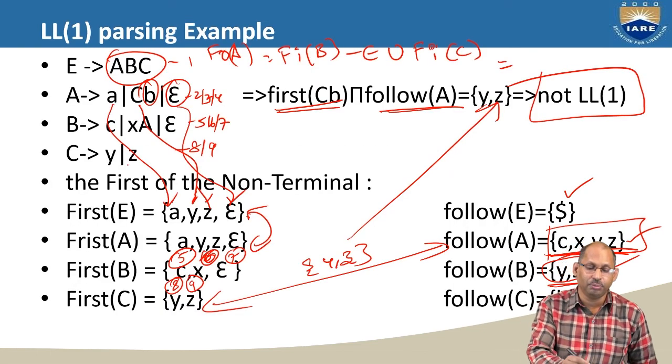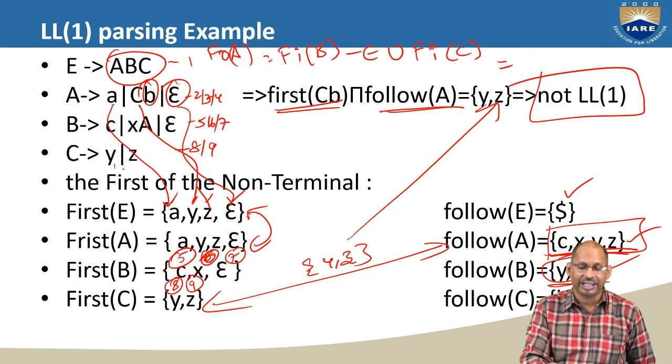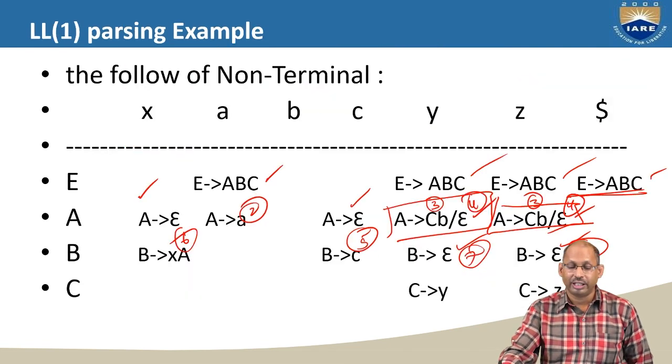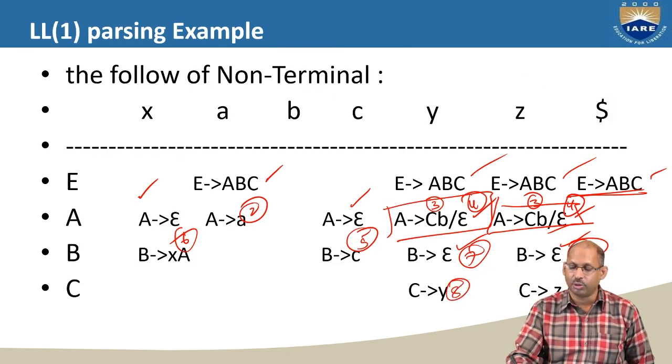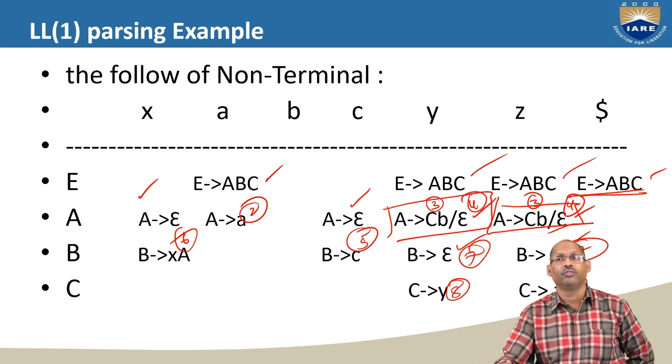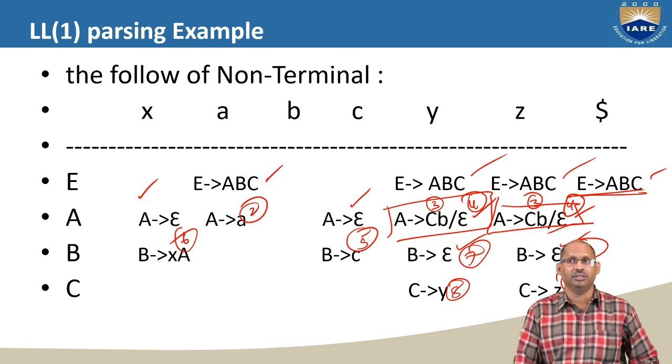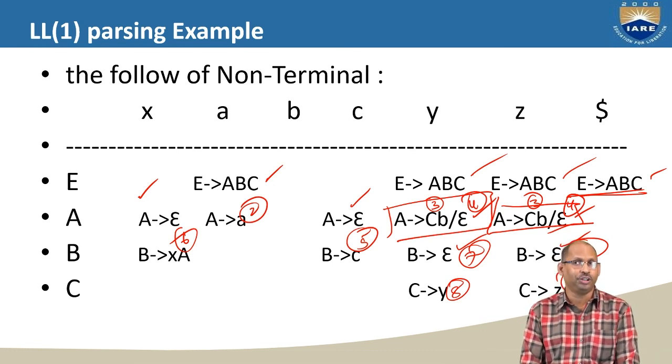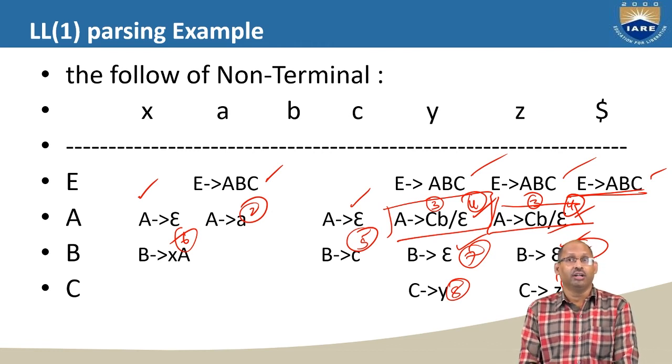For C variable, it is Y for the 8th production, and Z for the 9th production. So we have completed the construction of the predictive parsing table, in which variable A with columns Y and Z has multiple entries.